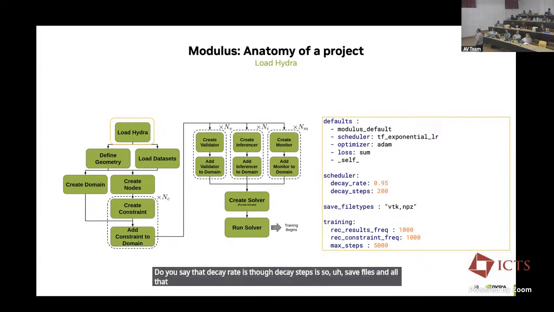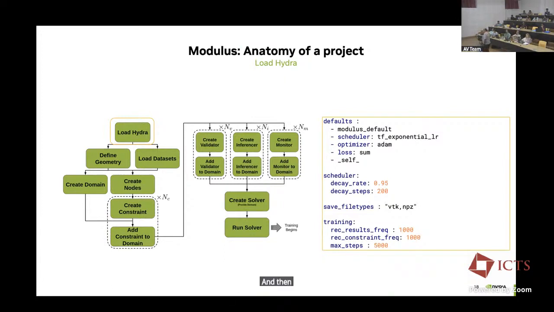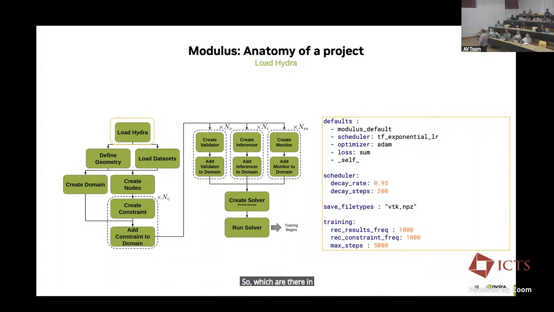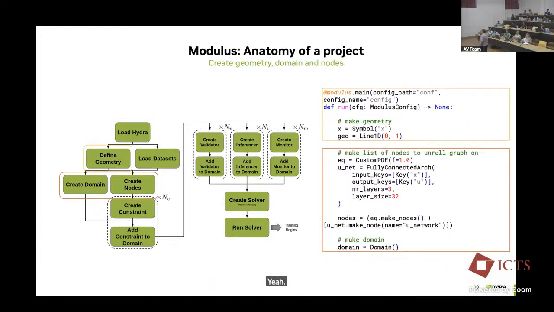You load the Hydra and then this is the step basically you are performing. Then you define the geometry, load data sets, and then create the domain, create nodes, and constraints and all that you need to create. So which are there in the next steps.